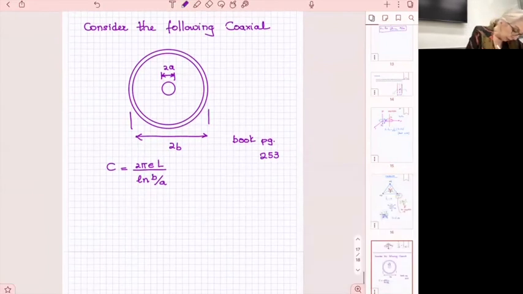Assuming that this one has a length, and that this length is L.